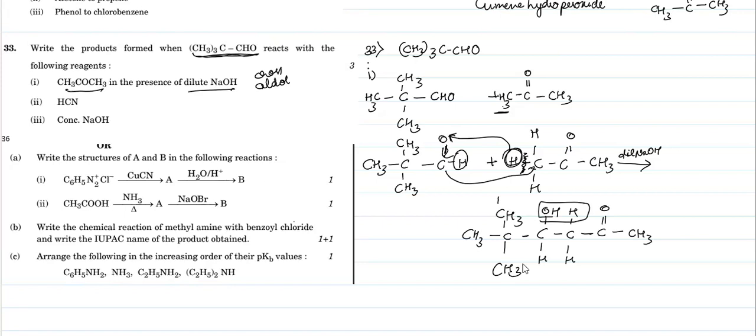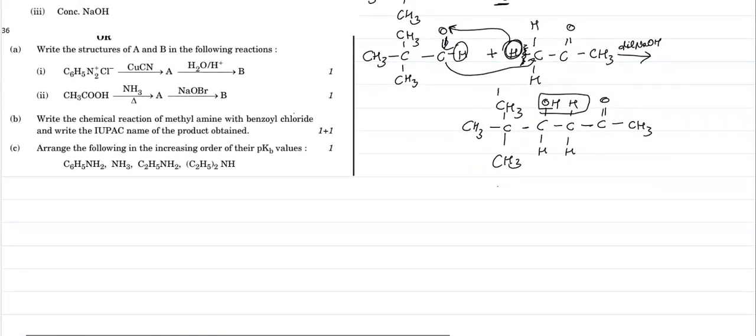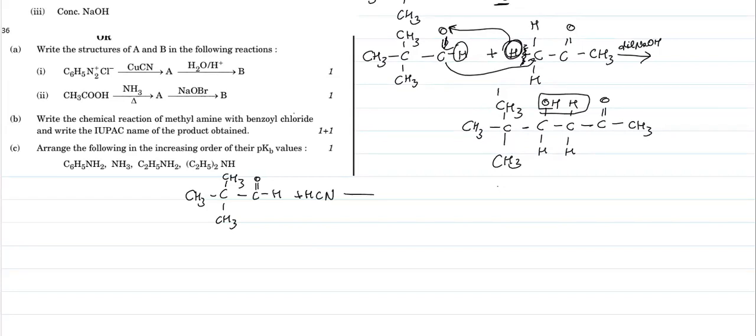The next one is our compound reacting with HCN, that is hydrogen cyanide. So CH3, C, CH3, CH3, COH is reacting with HCN. And this in turn is going to give us this particular molecule where you have O minus and CN attached to this one.